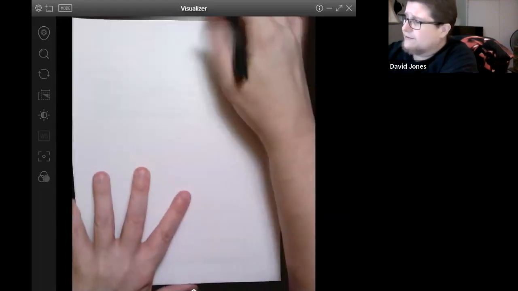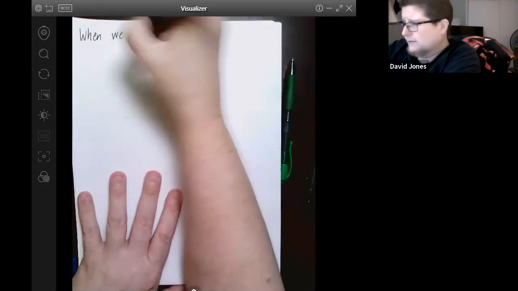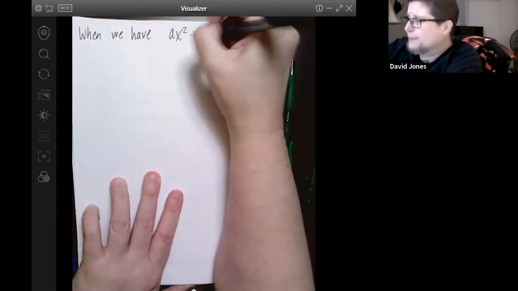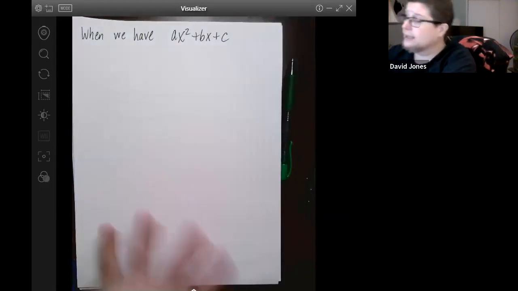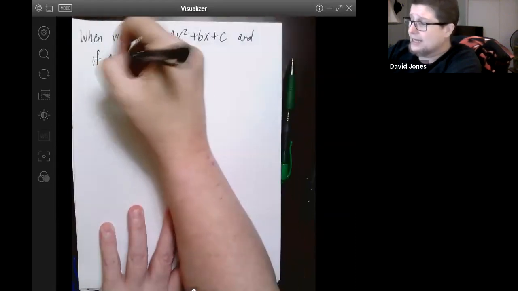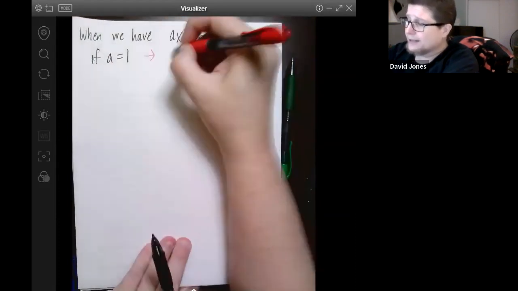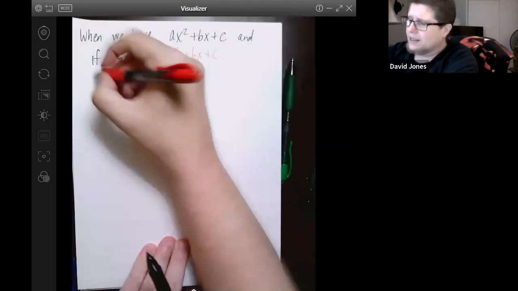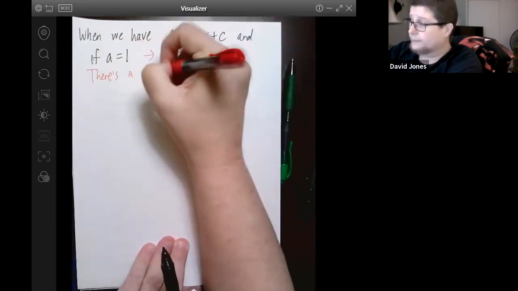So when we have ax squared plus bx plus c, we have something in that form when we're done. And if a equals 1, you really have something like x squared plus bx plus c. There's a shortcut in the work.